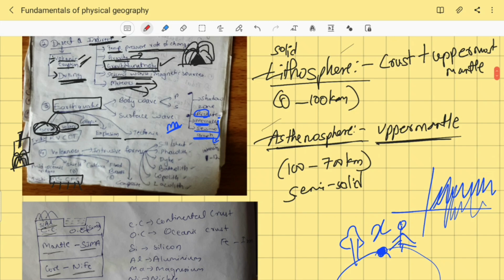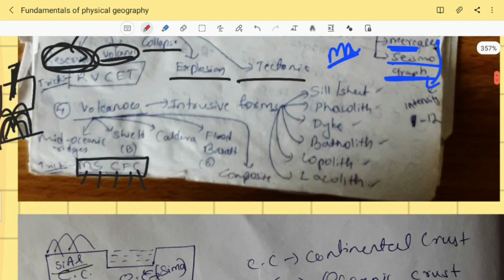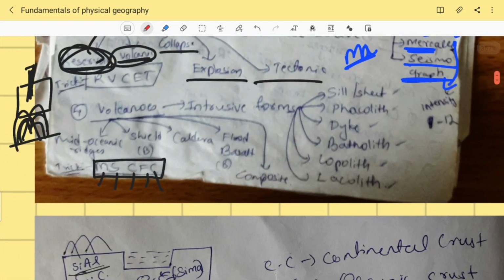Now let's see the different types of volcanoes. Since you are now clear about basic lava and acidic lava, you can see here that the shield volcano is basic in nature. That means it can just flow. When there is a burst of a volcano, it just starts flowing this way. If it is acidic, then it does not flow, it just stops there itself and turns into a solid form. So the basic lava volcanoes are the shield volcano and the flood basalt volcano.